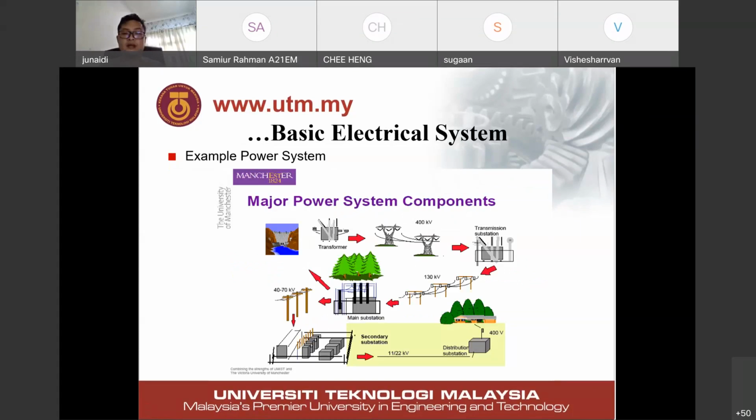Okay, 1 minute, last one. So you can see here, it can come from hydroelectric, Bakun or Kenyir. We have quite a lot of hydroelectric actually, but Bakun and Kenyir are probably the largest two hydroelectric plants that we have in Malaysia. And of course, we have some more.